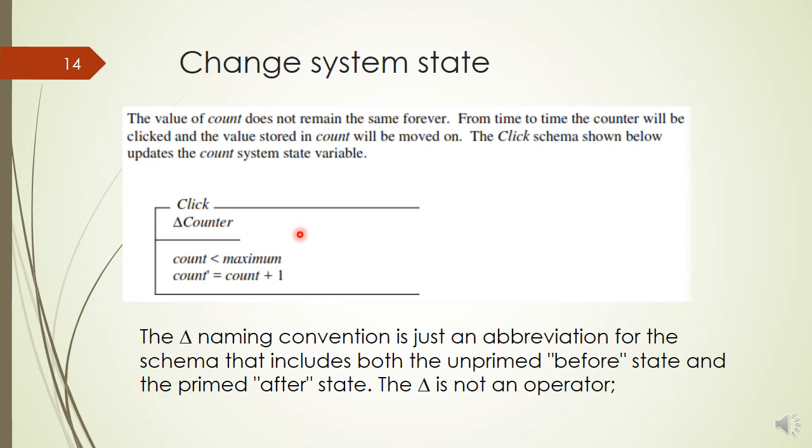So for the operation click or add count, any kind of name which is meaningful for that operation can be used. You can use the name click or you can use the name add count, whichever conveys the meaning of that operation can be used as a name of an operation.